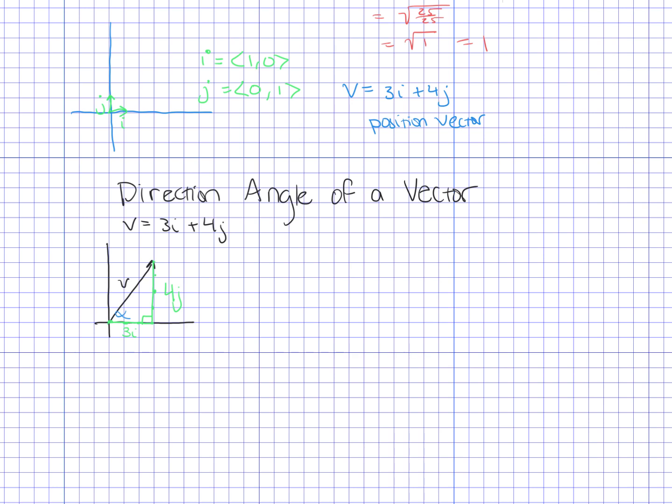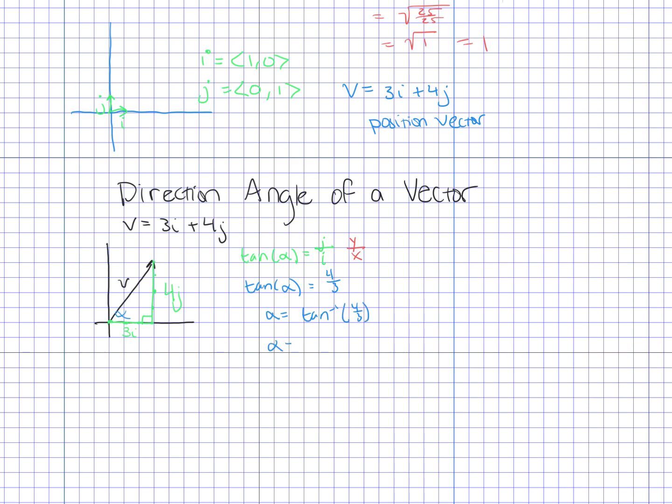Sounds like I should be using tangent. So overall, we can say that tangent of our angle alpha is equal to our j value over our i value, or really your y over your x. Specifically when we're solving for this one, tangent of alpha is going to be 4 over 3. And to get alpha by itself, we need to use our inverse on both sides.